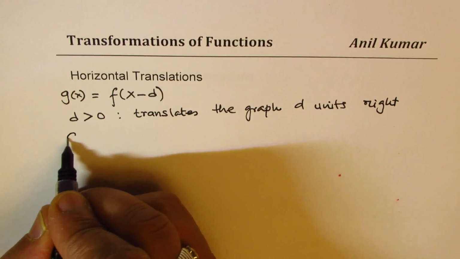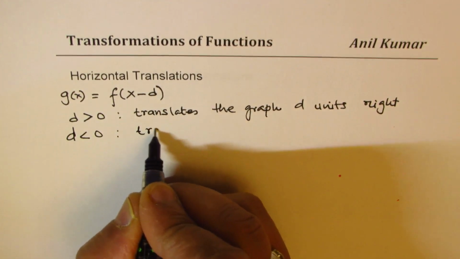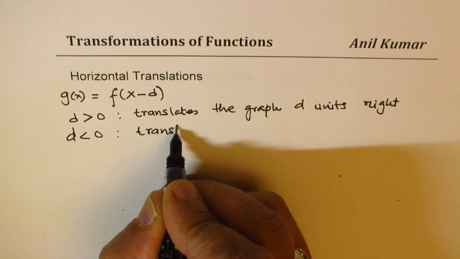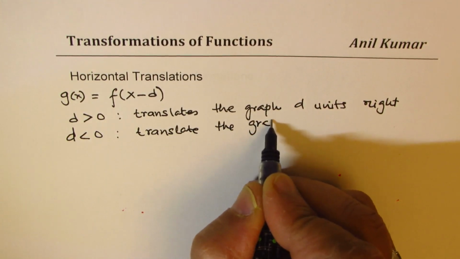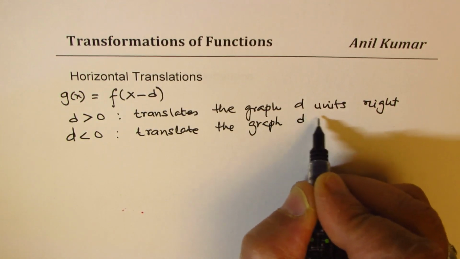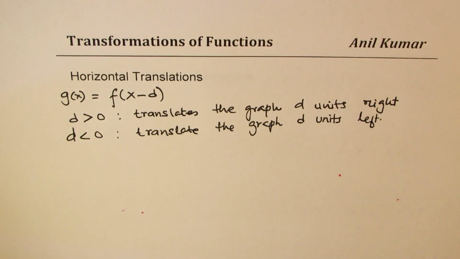But if d value is negative, that means less than 0, then it will translate the graph d units left. Let's take an example.